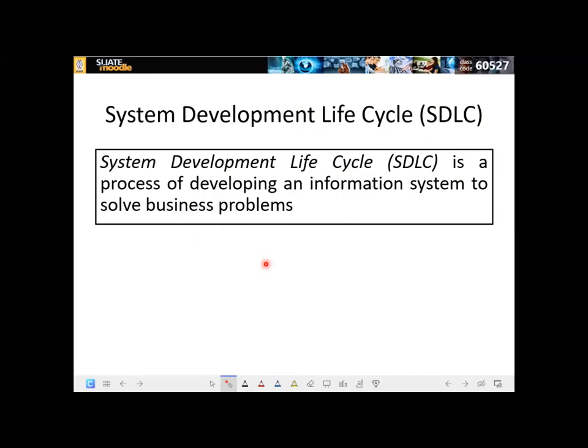There may be a problem. If we do things manually in a bank, it will make a lot of problems. It will make a lot of errors. It will take a lot of time, right? So finally, it causes customer dissatisfaction. Therefore, to overcome this problem, we are going to develop a computer system.